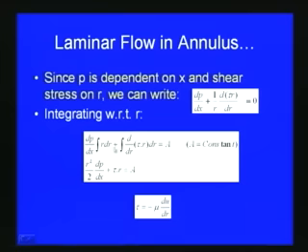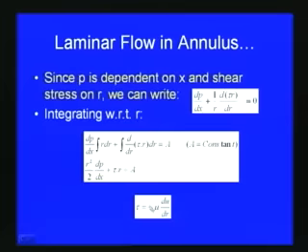If we integrate this, we have to put a constant a, and we can write r square by 2 into dP by dx plus tau into r is equal to a. Now this constant a we have to find out from the various boundary conditions for this particular problem. Here we substitute tau is equal to minus mu into du by dr, since the minus symbol is used because the shear stress is increasing in the direction of the pipe wall.